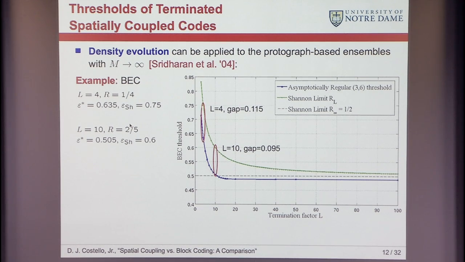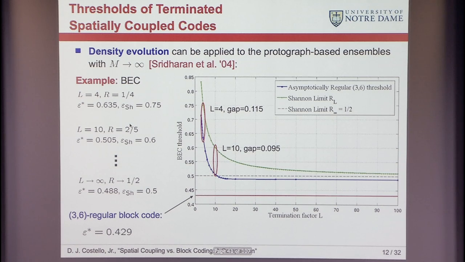So at the low rates, like L = 4, the Shannon limit is 0.75. And our spatially coupled limit has a gap there. It's only 0.635. And for L = 10, our rate is up to 0.4. The Shannon limit's at 0.6. And we're a little closer to the Shannon limit in that case.